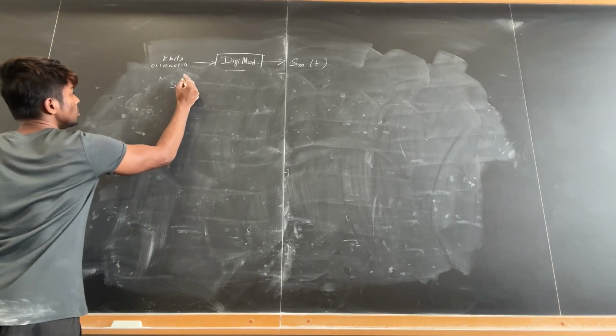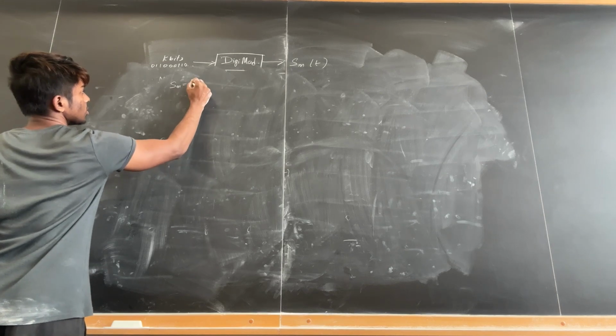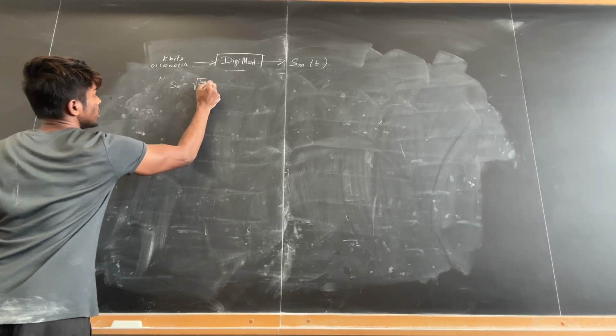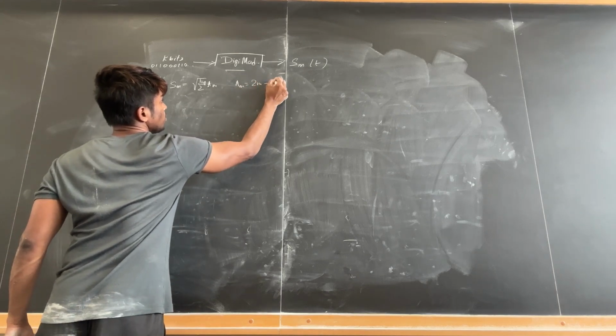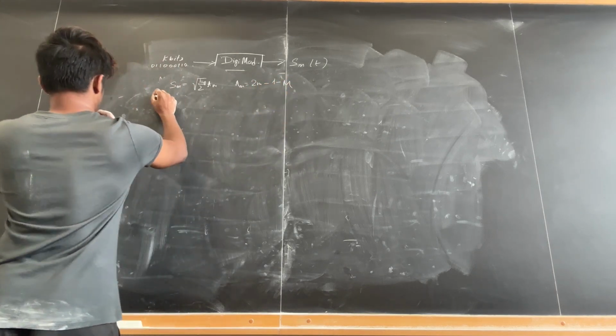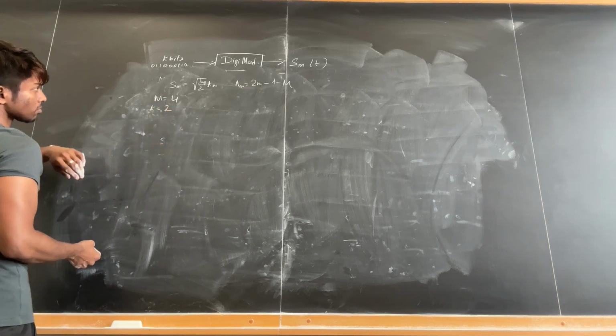So Sm is equal to square root of Eg by 2 Am, and Am is equal to 2m minus 1 minus M. Putting M is equal to 4, we get k is equal to 2 bits.